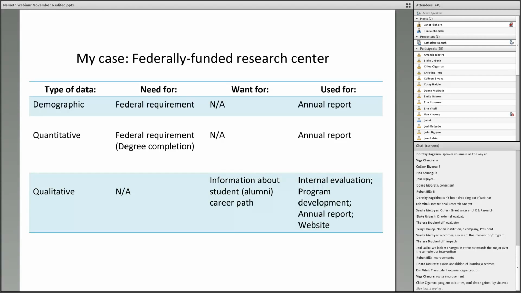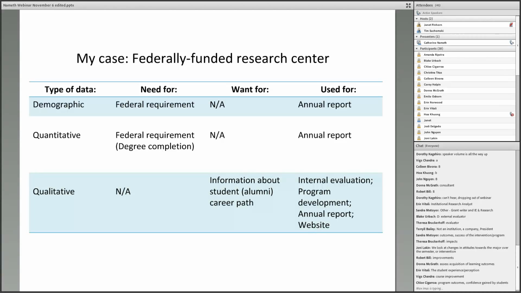The need here outweighs the want, and I use it for the annual report. Similar to the quantitative data that I need, it's also a federal requirement regarding degree completion. So our students and the time it takes them to graduate with either a master's or PhD, and then the rate of completion, and then also the demographics possibly related to the completion. I also need that for the annual report.